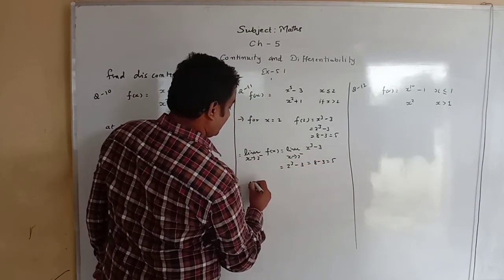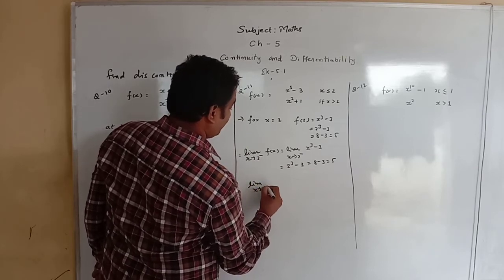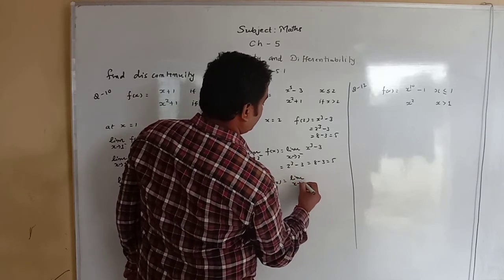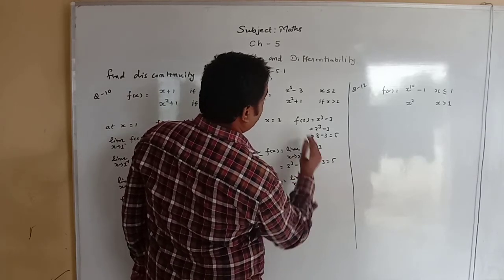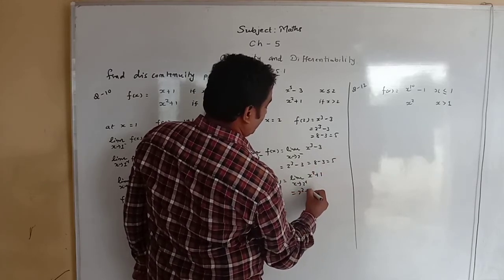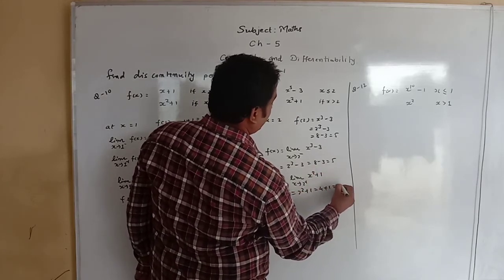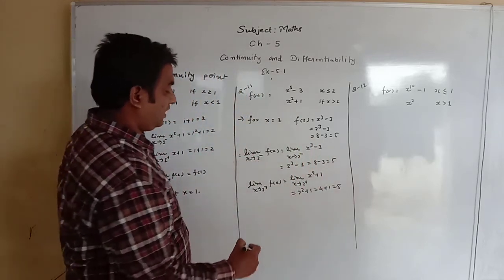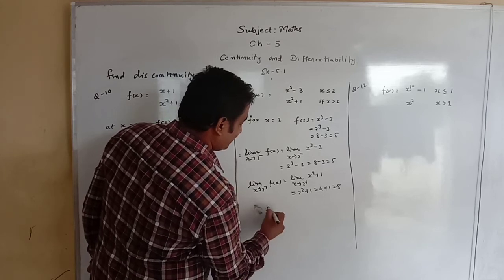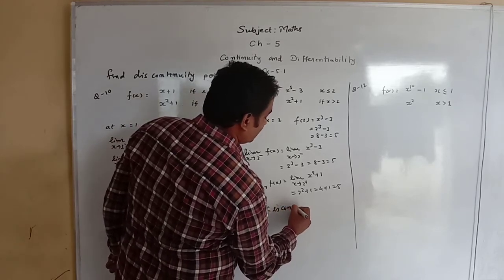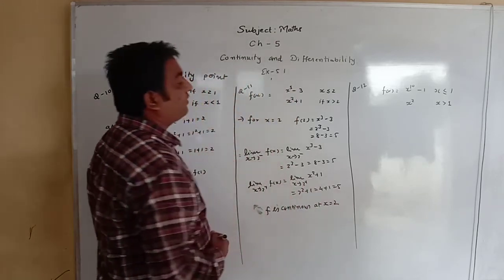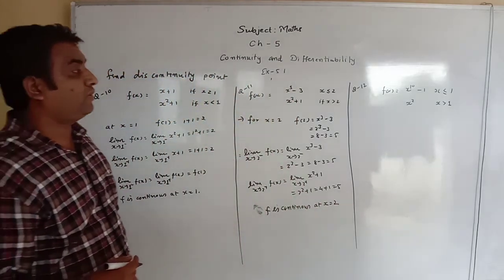And the limit as x tends to 2 plus, it is given x square + 1, so 2 square + 1 = 4 + 1 = 5. So in every way it is equal and so we can say that f is continuous at x = 2, means at every point, and so there is no discontinuity point.